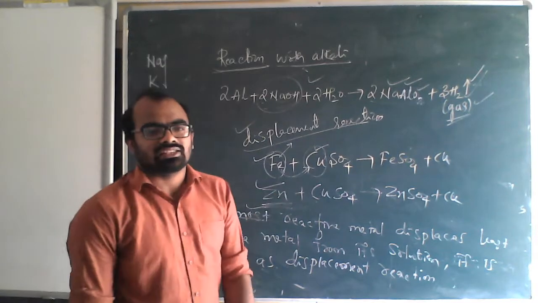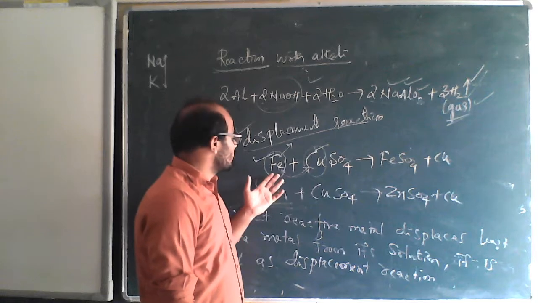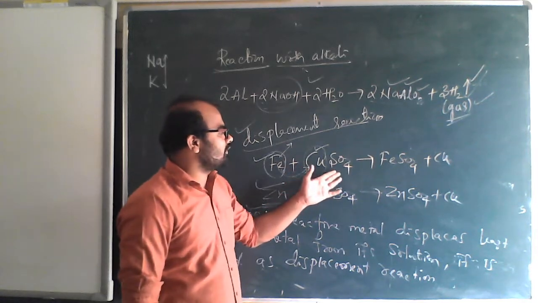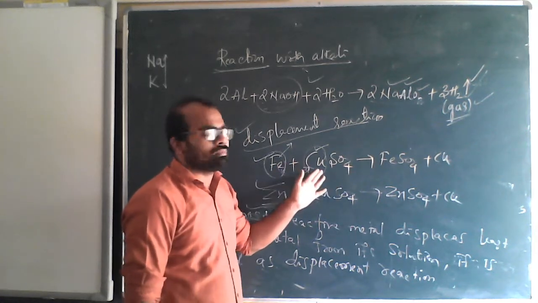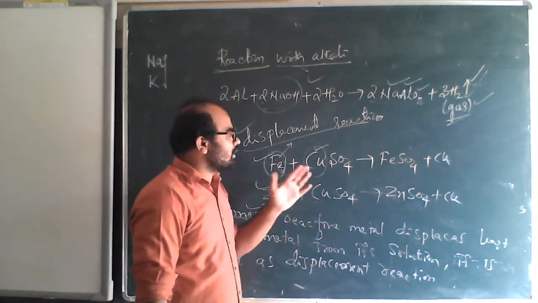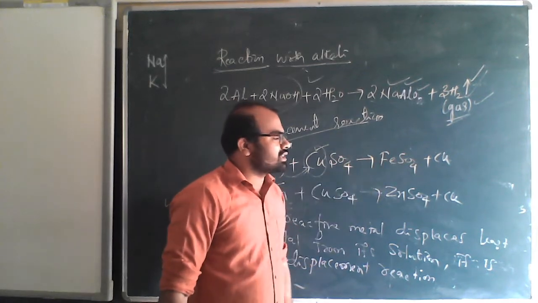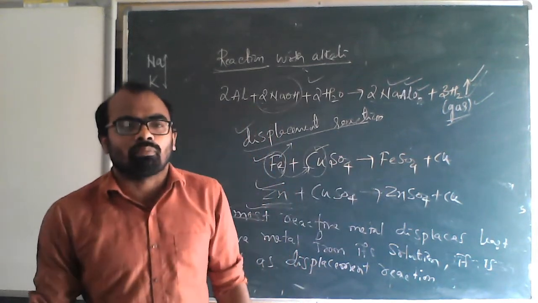If displacement reaction is asked, write the definition and write any one of these as an example. How to write it in words? Iron reacts with copper sulfate and iron displaces the copper, as iron has more reactivity compared to copper, and it produces iron sulfate along with copper.